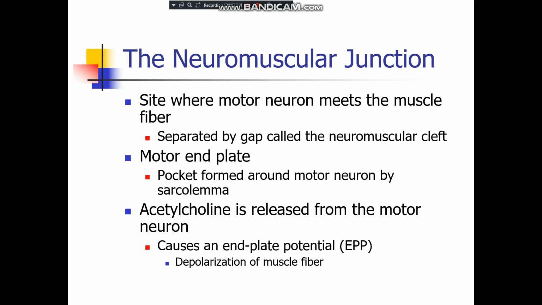Another terminology is the motor end plate. The motor end plate is nothing but the pockets formed around the motor neuron by the sarcolemma. The sarcolemma, the plasma membrane of the muscle, forms pockets around the motor neuron, especially around the neural vesicles, and that is known as the motor end plate.